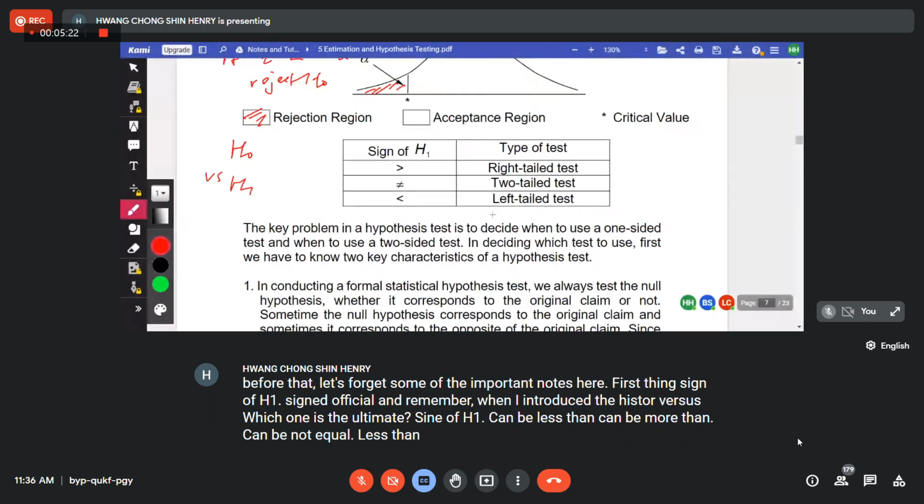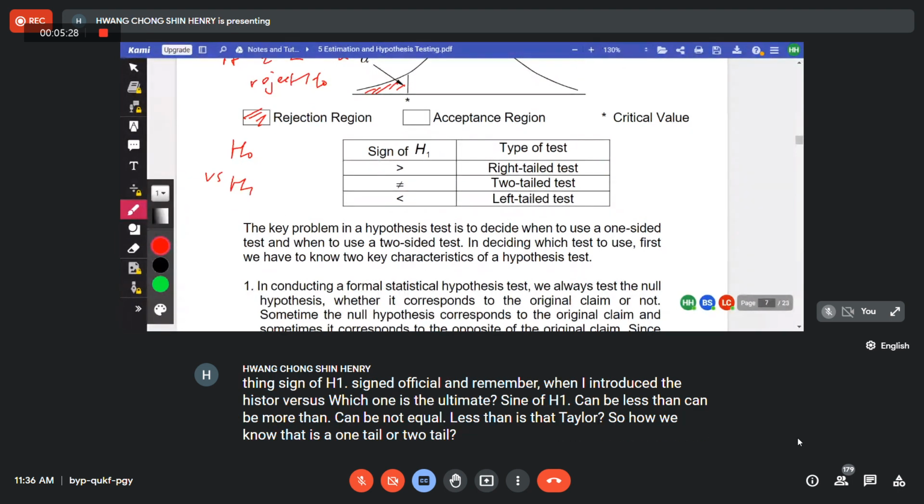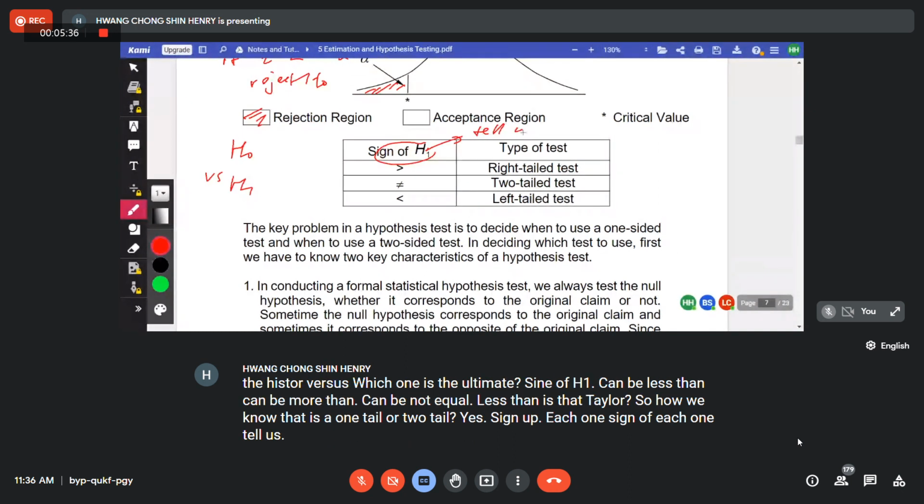Less than means left tail. So how do we know if it is one tail or two tail? Guys, what do we look at? The sign of H1 tells us whether it is one tail or two tail.